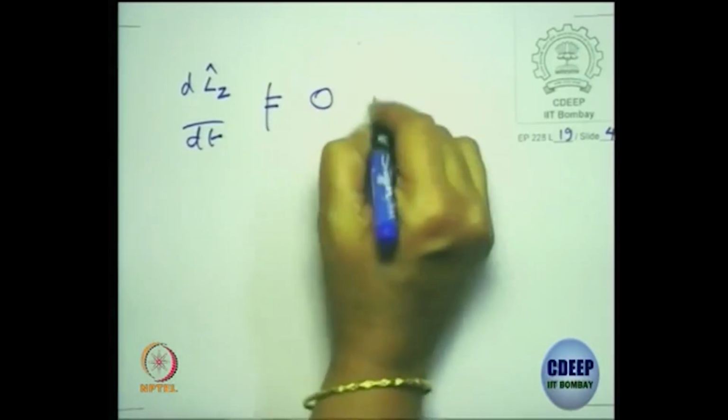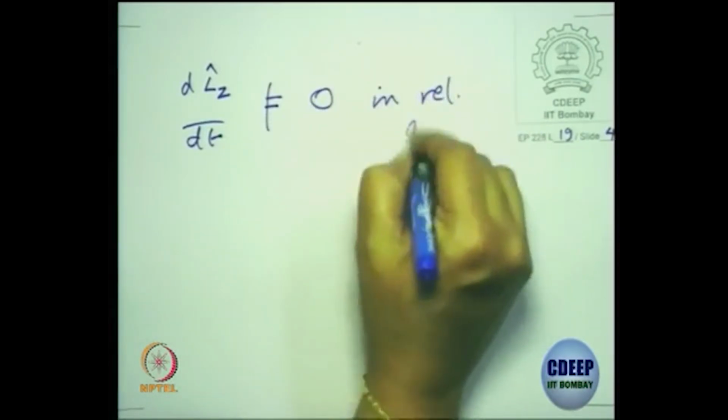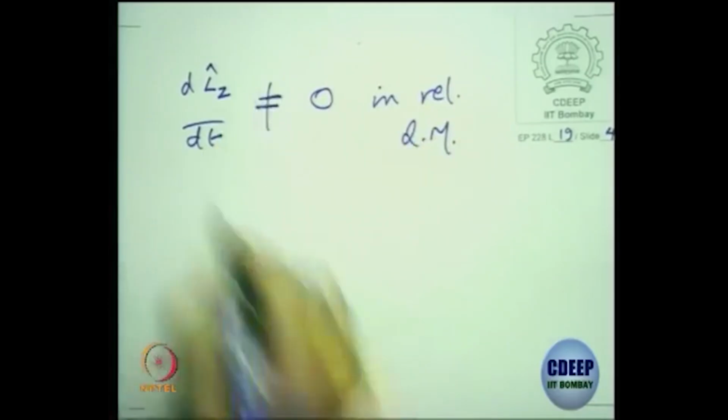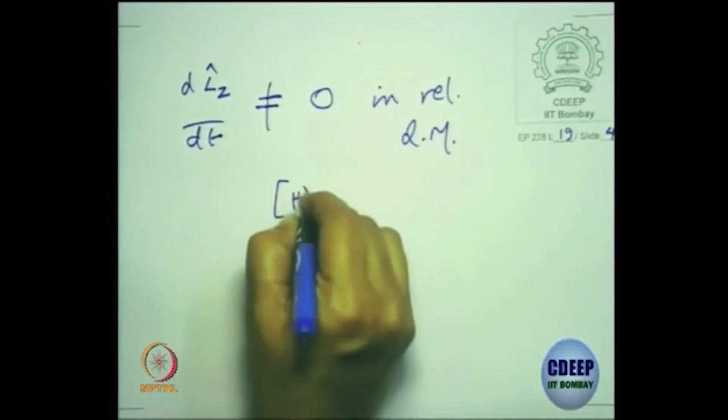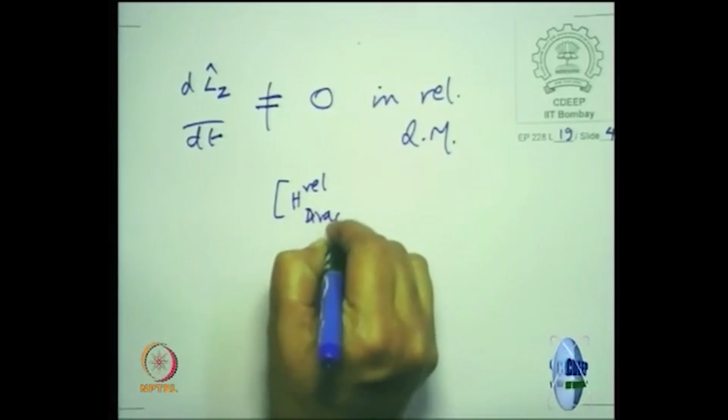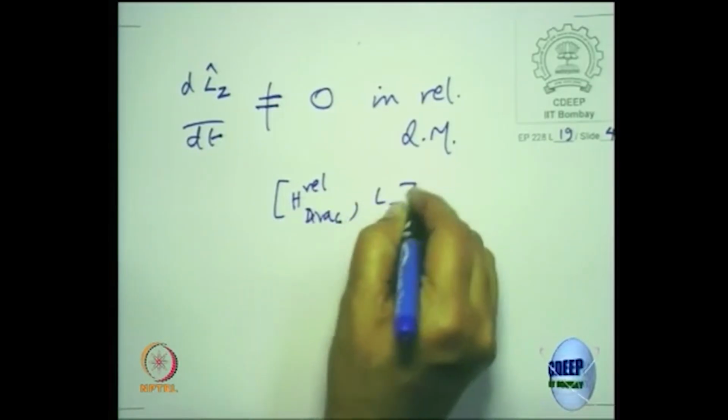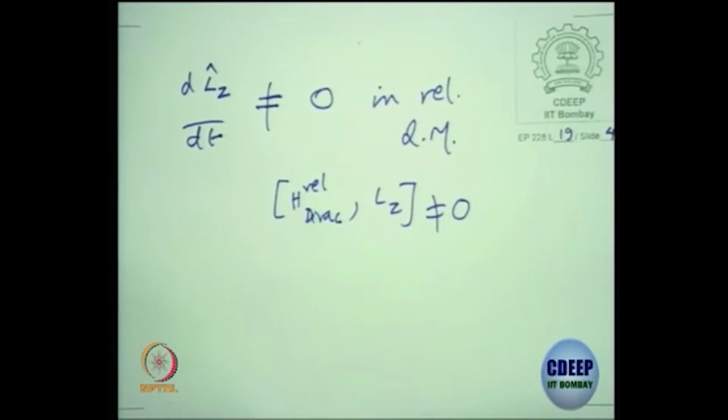But this is non-zero in relativistic quantum mechanics, because the relativistic Hamiltonian, the Dirac Hamiltonian, with Lz is non-zero. This you don't see in your Schrodinger equation.